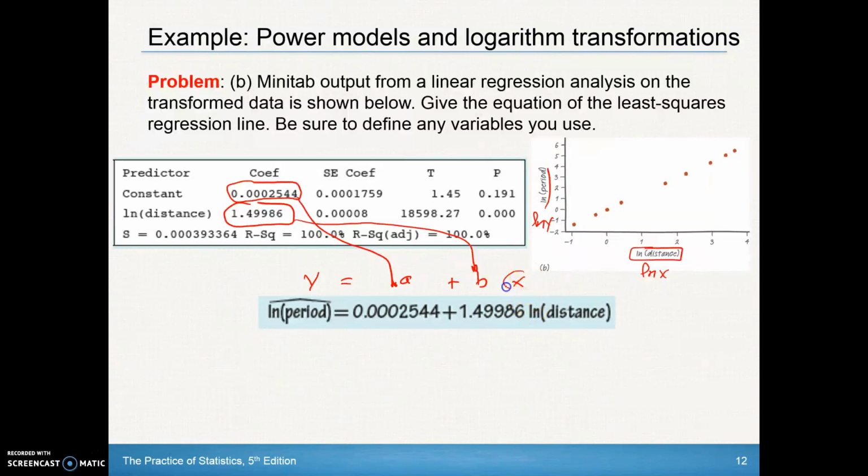But remember, that x really is the natural log of the distance, and the y is also the natural log of the period. So we could write this as natural log of y hat equals 0.000254 plus 1.49986 natural log of x.